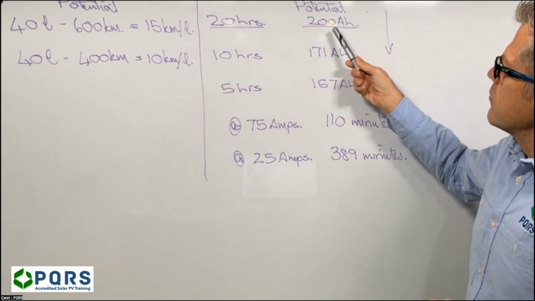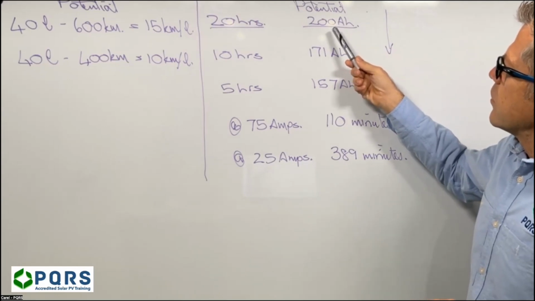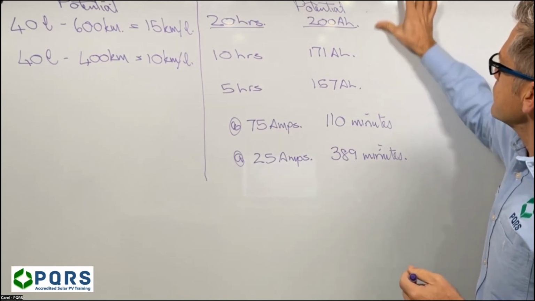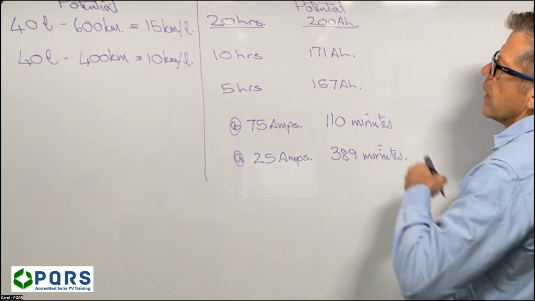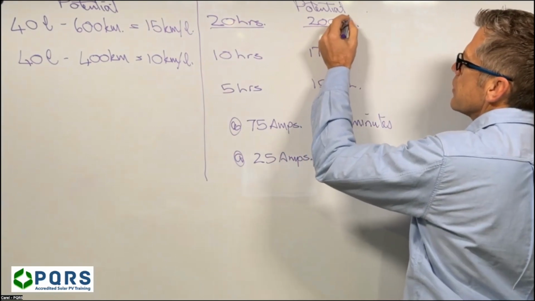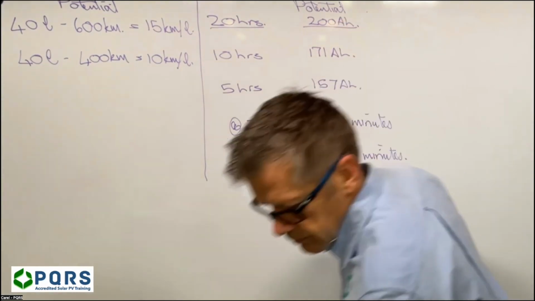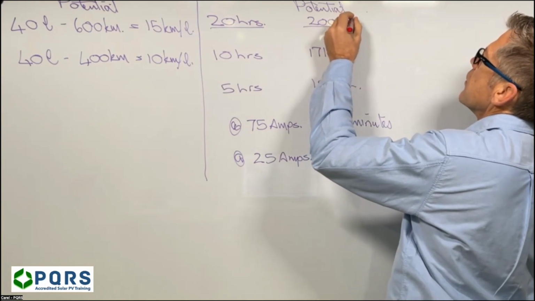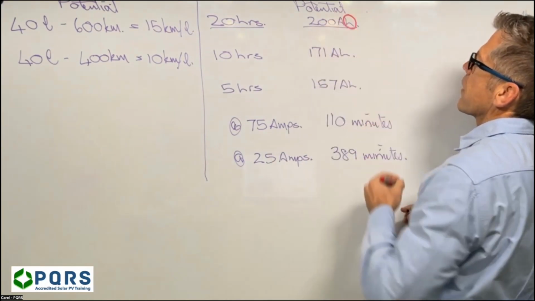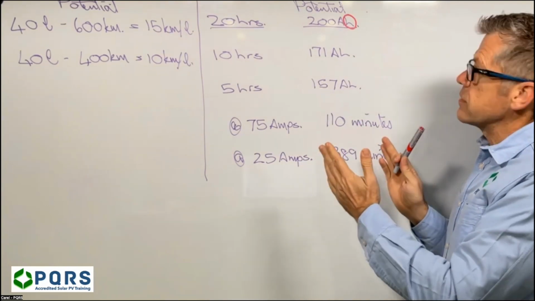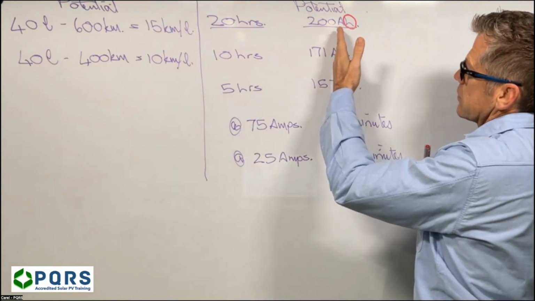So if we have a 200 amp hour battery and we are going to be discharging it over a period of 20 hours, in the term over here you'll see we have a time allocation. Amp hour consists of 2 units, amps and hours.